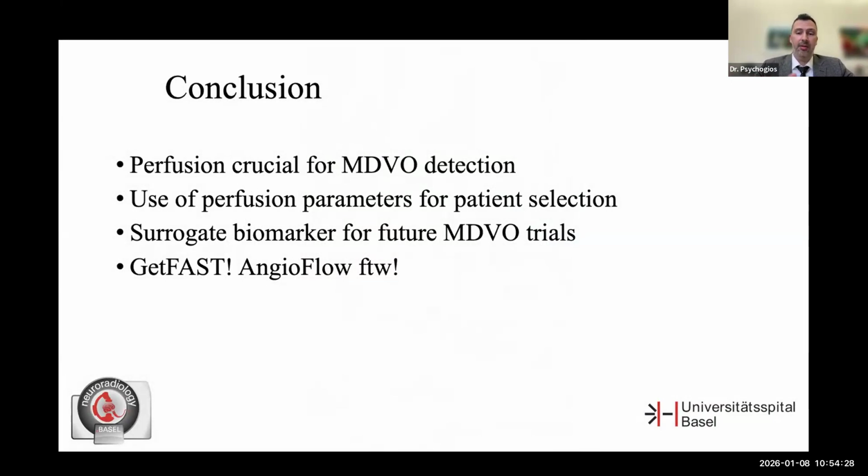It is right now, and I think in the future it's going to be even more important for future trials. I think we should discuss using perfusion as a biomarker for future MeVO trials. And as always, we have to get faster, and AngioFlow is really helping us to have better treatment decisions in those cases. Thank you.